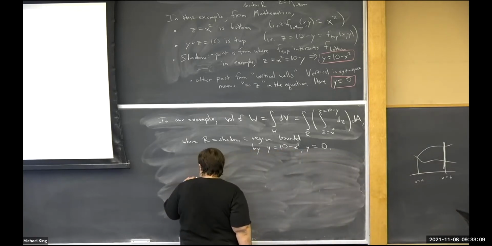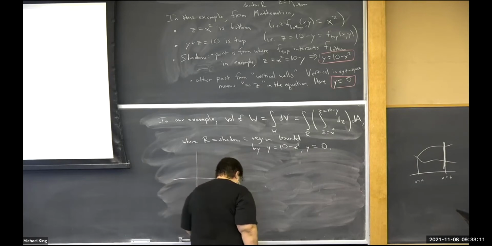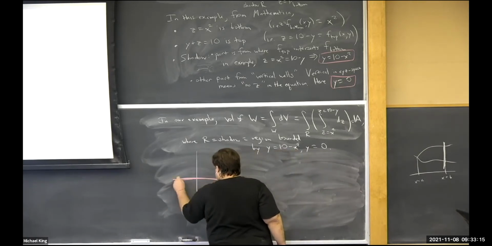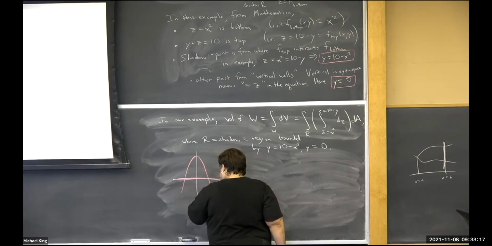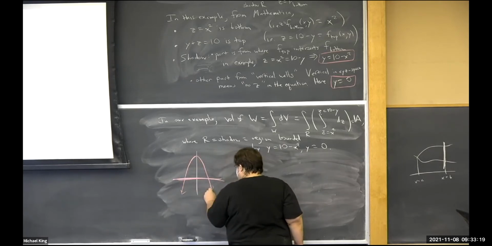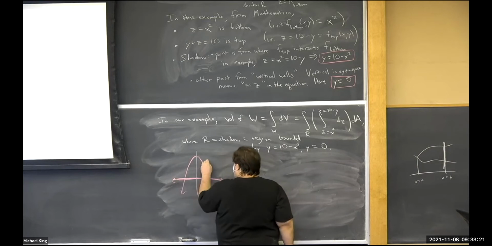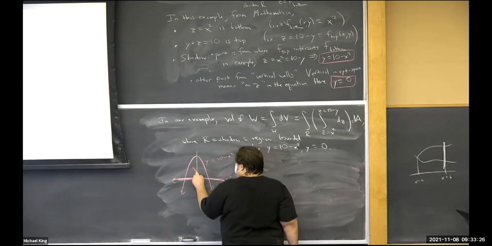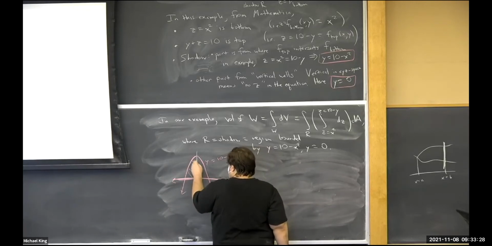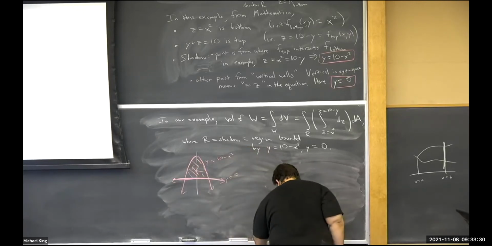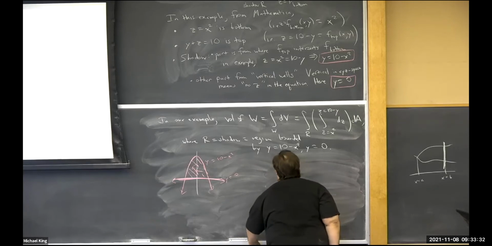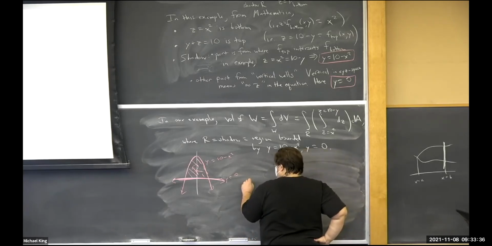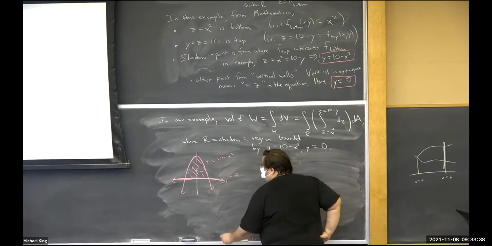And like we just said, we can draw that pretty easily. The shadow there is something like that. y equals 10 minus x squared, y equals 0. And so this thing right here is R. And that's not hard to set up, right? Let's just set that up quickly now. Now you're experts in this.